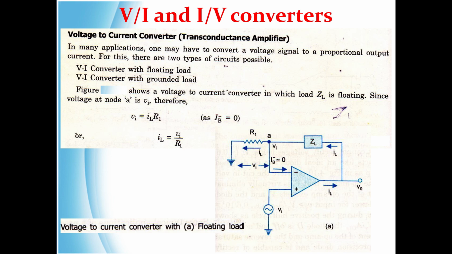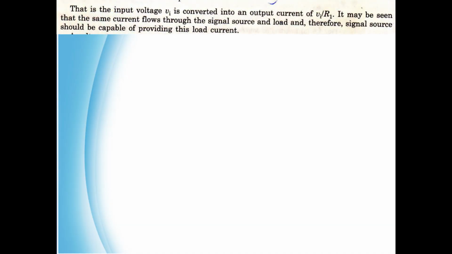The voltage at node A is VI, therefore VI equal to IL into R1, as IB is almost equal to 0, or IL equal to VI by R1. That is, the input voltage VI is converted into an output current of VI divided by R1.